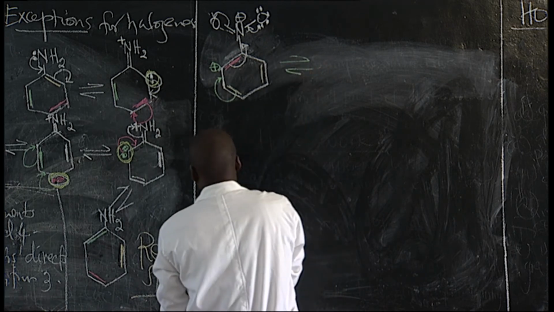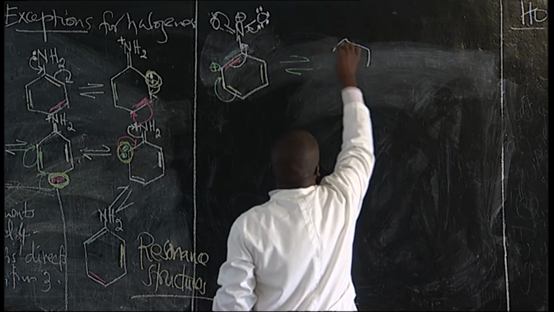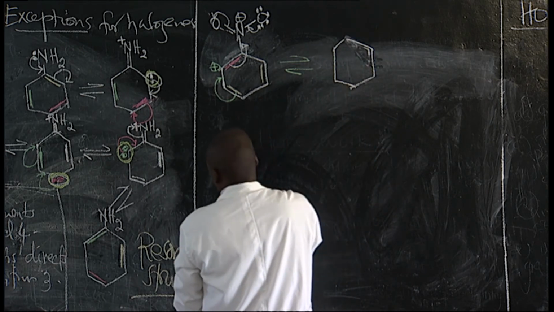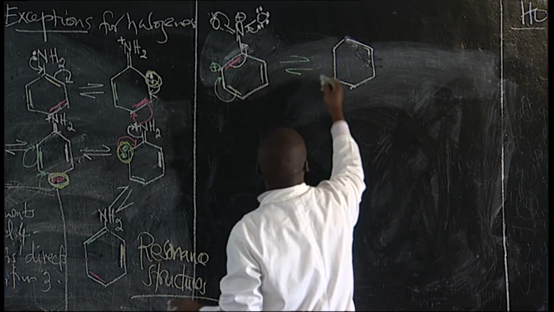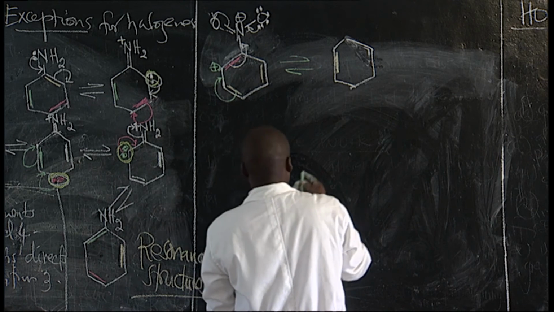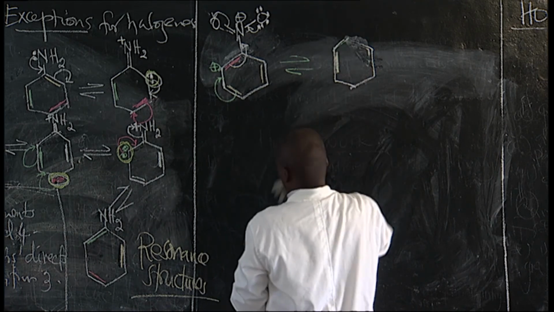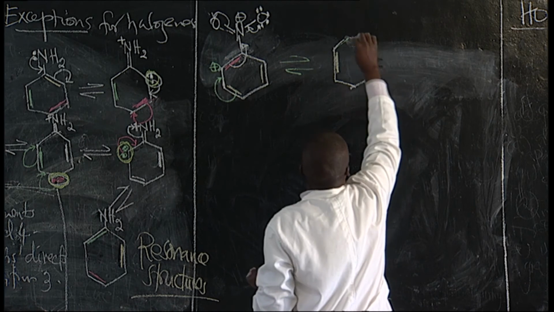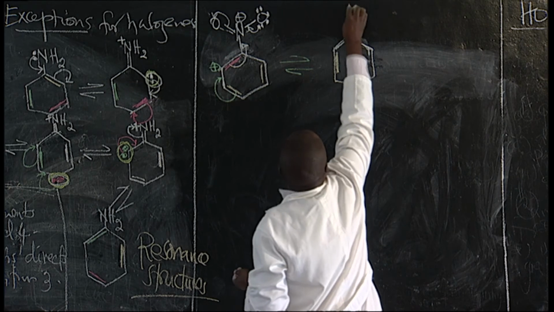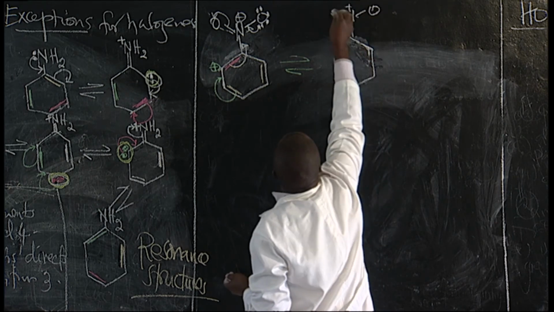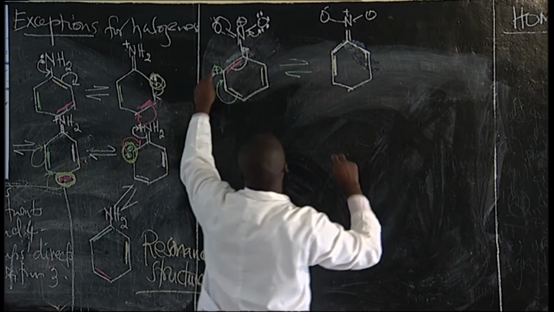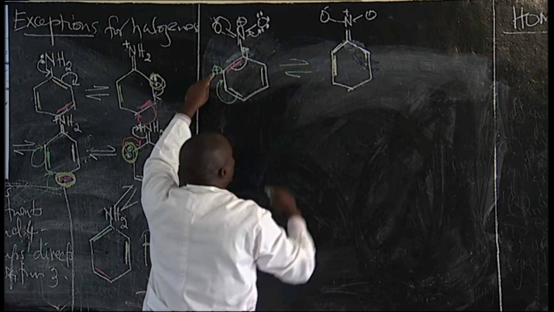So we'll have the nitro group in that position. I have to use different colors. This is oxygen with a negative charge, and this was positive here. So this bond has shifted to this position.